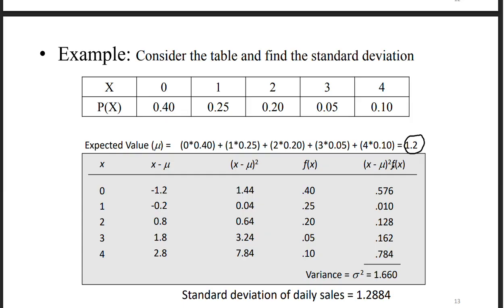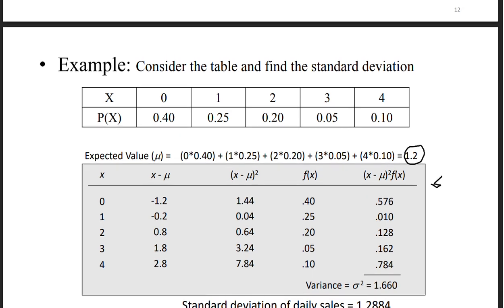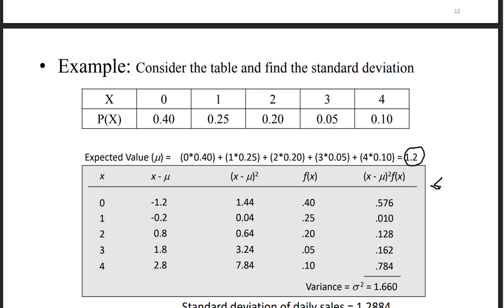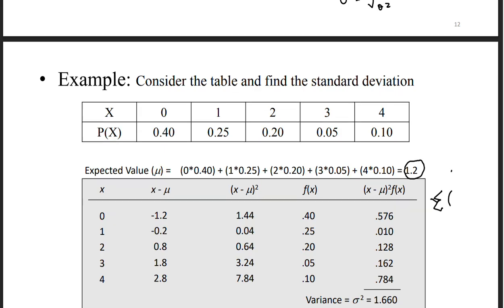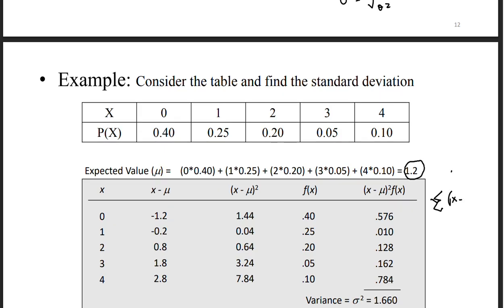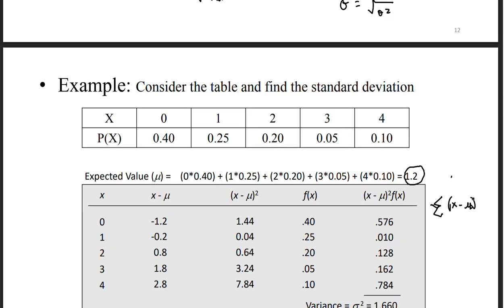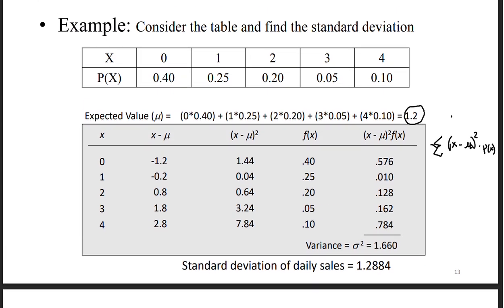Having that in mind, how do we calculate the variance? Remember, our formula says the variance is equal to the sum of the difference between x and the mean, all squared, times the probability of x. So what we're going to do here is take the value of x.